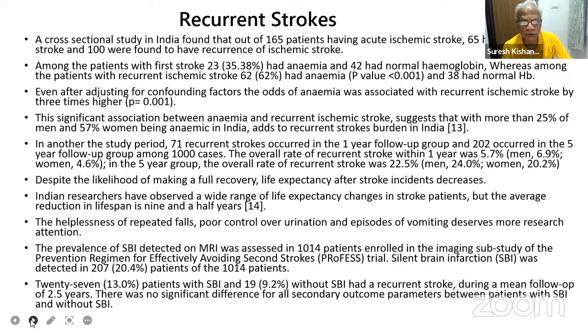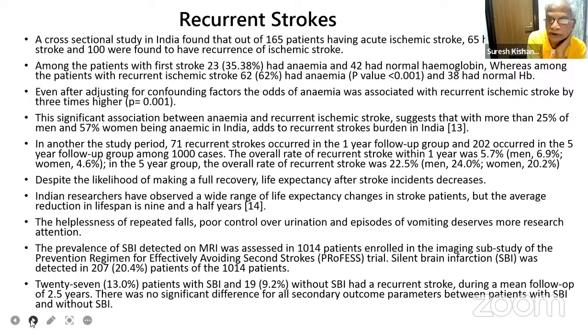So the recurrent strokes, as we were telling, there is a study done. Out of 165 patients having ischemic stroke, only 65 were of the first episode and 100 had a recurrence. You can see more than half are repeat or recurrent strokes. Among the first strokes, about 35%, the association of anemia was found.